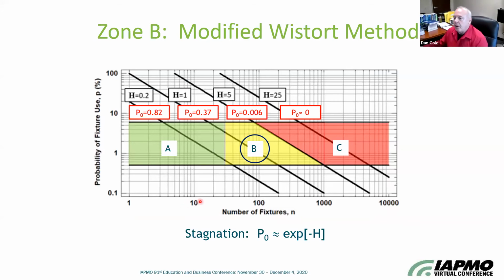So in this chart, we included what's called the P naught, which is the probability of zero flow. And as we saw in the large example, the probability of no flow was 0, which means that it was a congested use. Water is going to be flowing all the time.